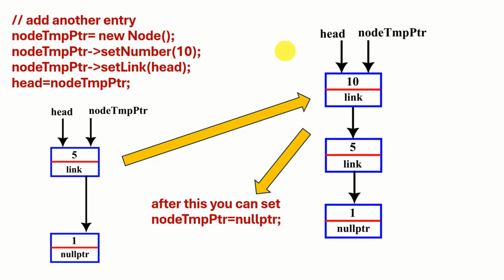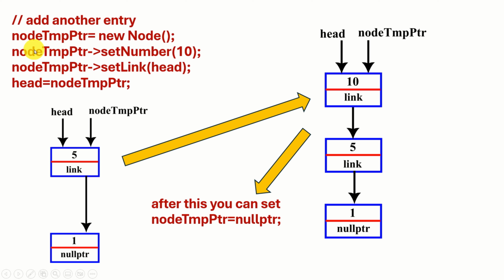Next, as a practice, let's add a new node to our linked list. We want to add the new node at the top of the linked list. And to do that, we need to repeat the previous steps. Here they are. First of all, we need to create a new node and to return a pointer to that new node, and this pointer will be stored in node temp pointer.